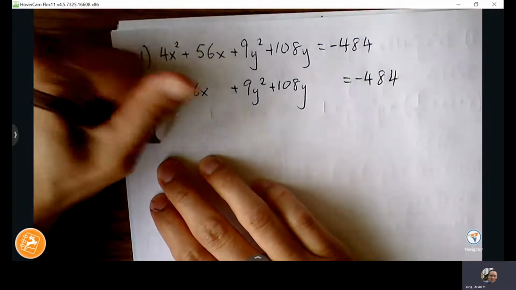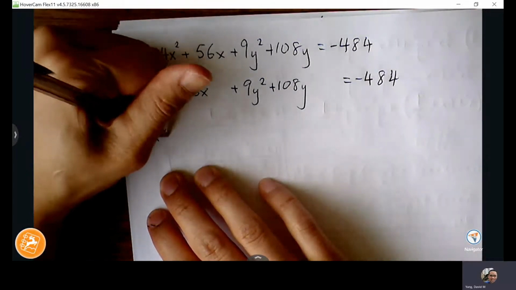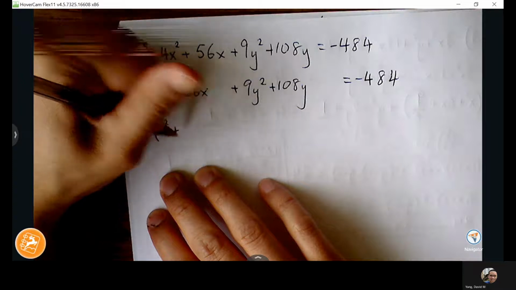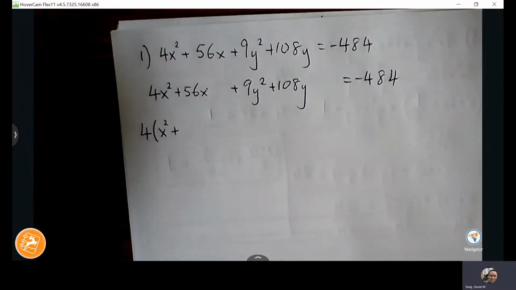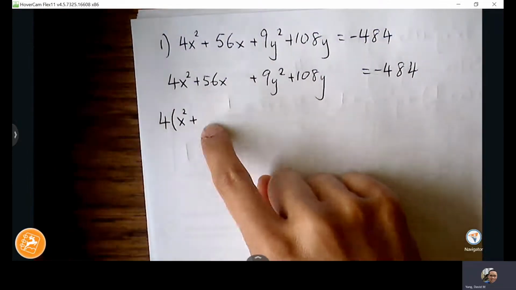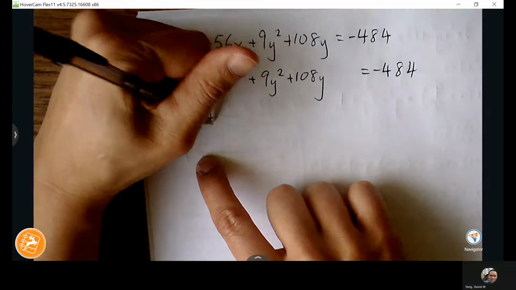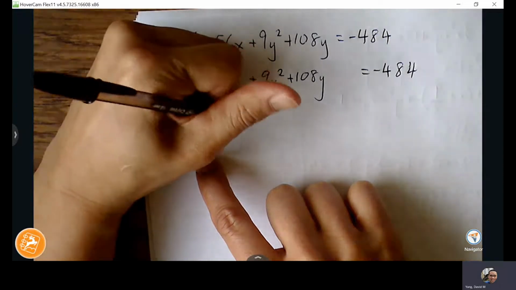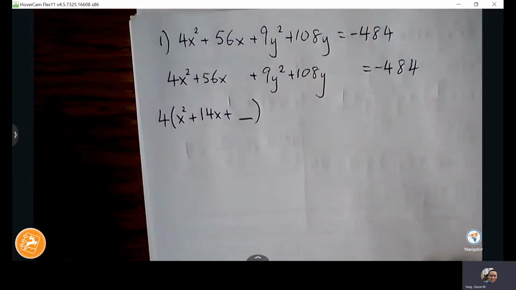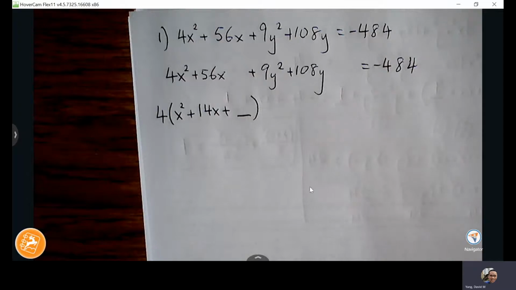So take out a GCF of 4 just for the x's. If I do 56 divided by 4, I get 14. And go ahead and add a space because we know we want to complete the square for the x's.